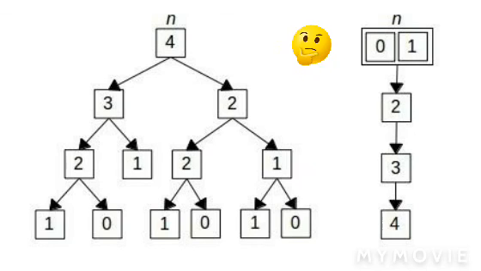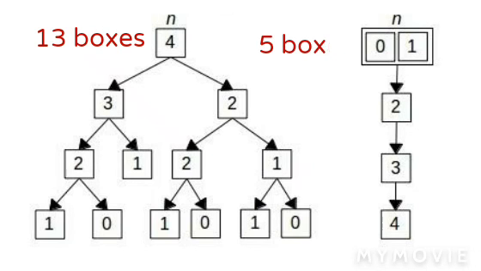The other one is an iterative function. Both of them have the same value of n, which is 4, but the recursive has 13 boxes, while the iterative has 5 boxes. Therefore, the iterative is better than the recursive that calls itself twice or more.